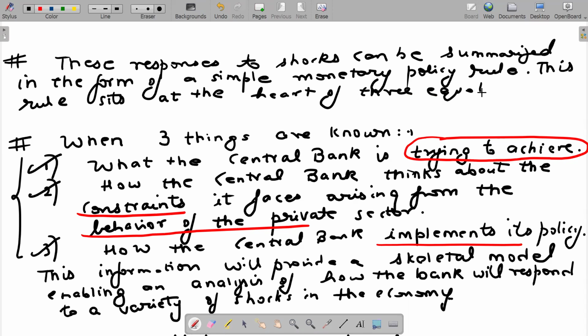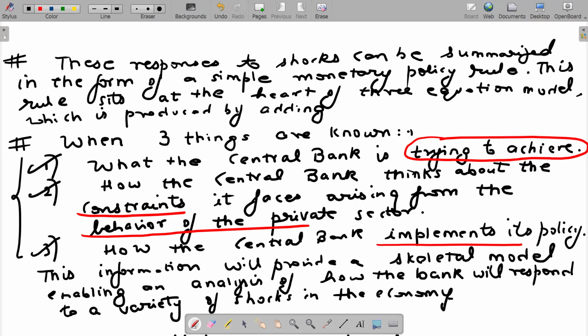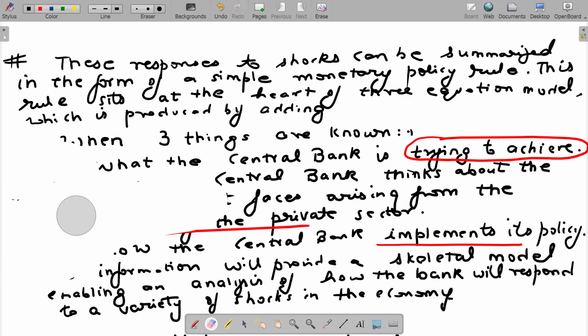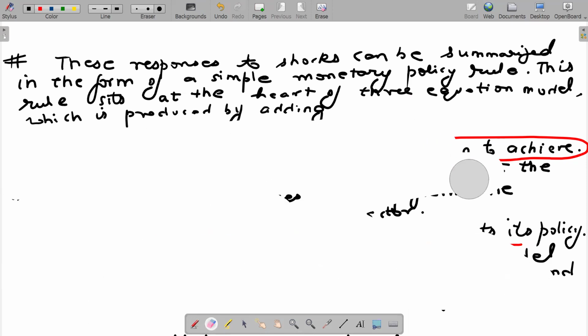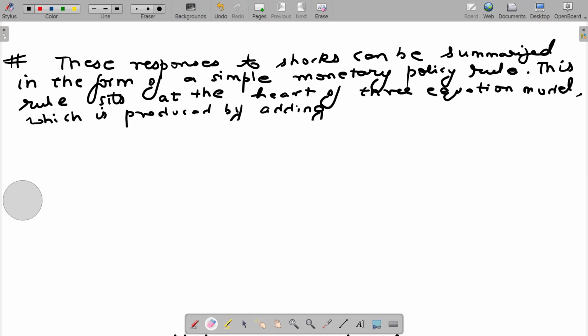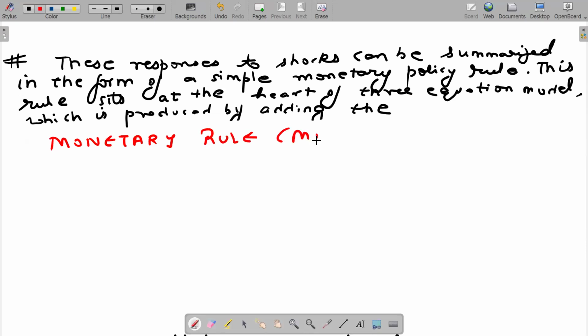It sits at the heart of a three equation model, which is produced by adding the monetary rule curve, also called the MR. Remember, this is not marginal revenue, please.